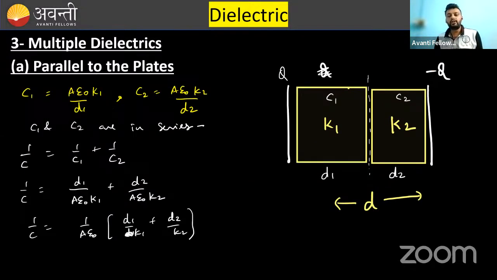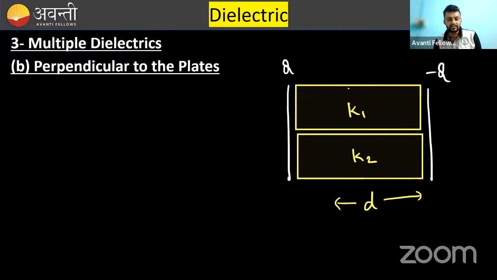So this is the way you need to learn. What is the way when they are placed in this situation? These are the two capacitors. You can write the capacitance of each and they are in series. Now in the same way, when the dielectrics are placed perpendicular to the plates, this is again C1, this is again C2. You can understand the difference.